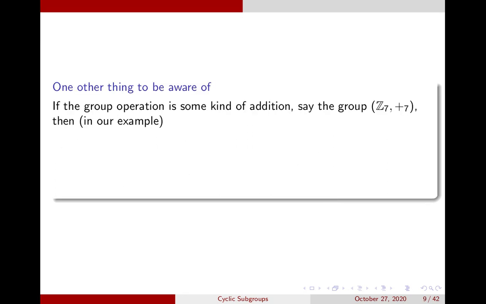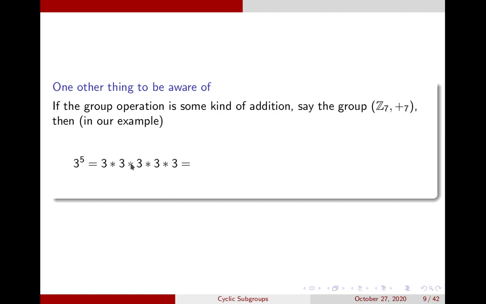And then one other thing that we will have to be aware of is if we're looking at a group where the operation is some kind of addition. For example, the group Z sub 7 with plus sub 7. So what does 3 to the 5th, using our definition of exponents in a group, mean in this group?